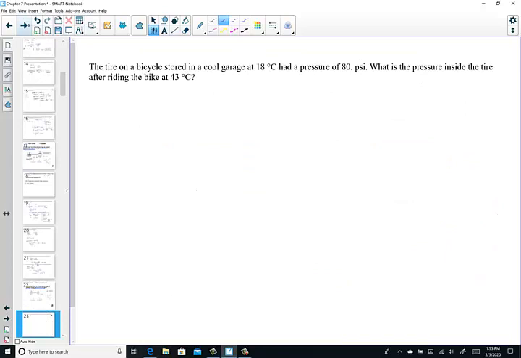Let's try one. The tire on a bicycle is cooled in a garage, and it's at 18 degrees Celsius, and the pressure is given to us as 80 pounds per square inch. After riding the bike, the tire warms up, and it warmed up to 43 degrees Celsius.